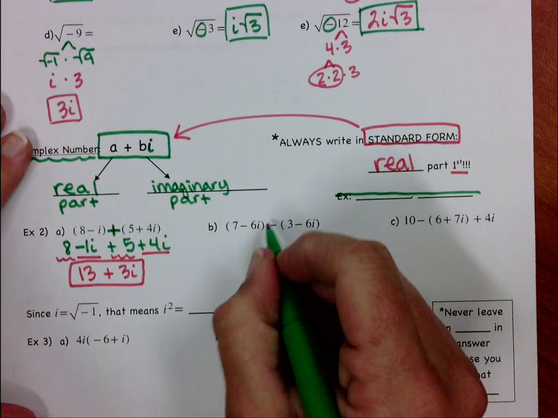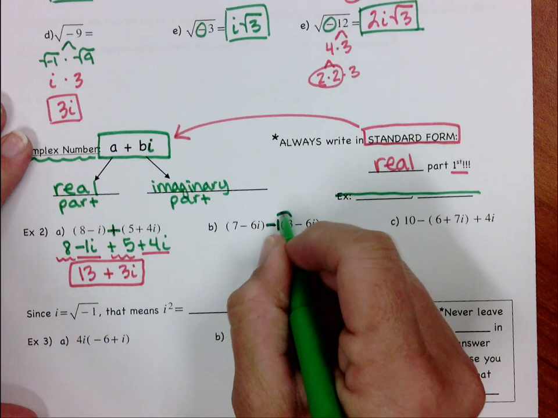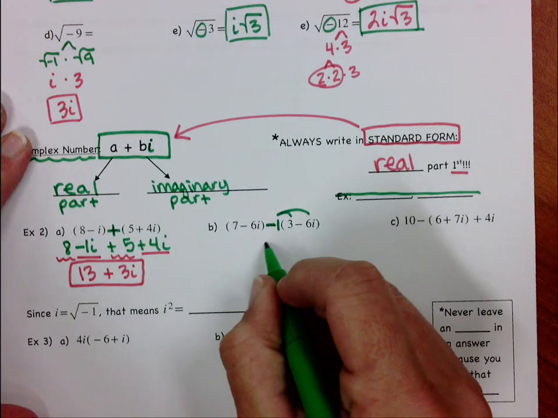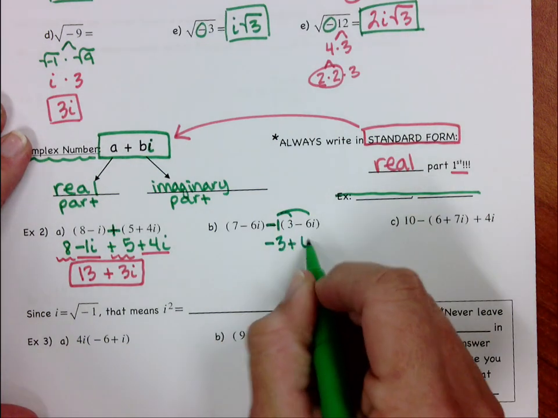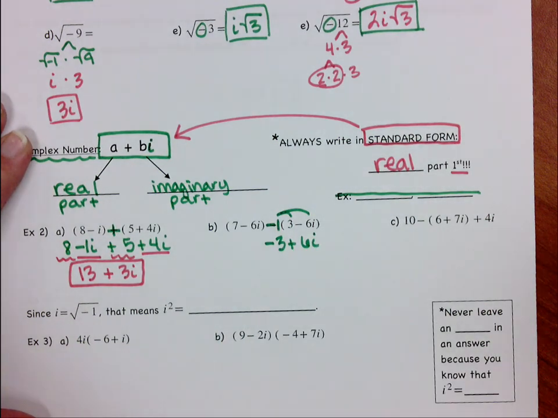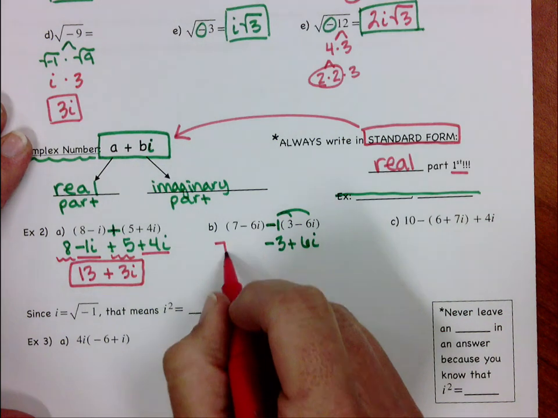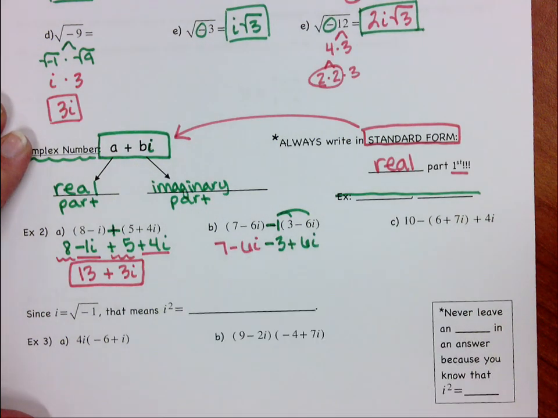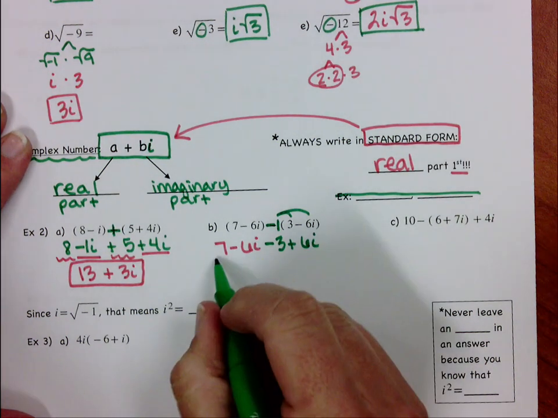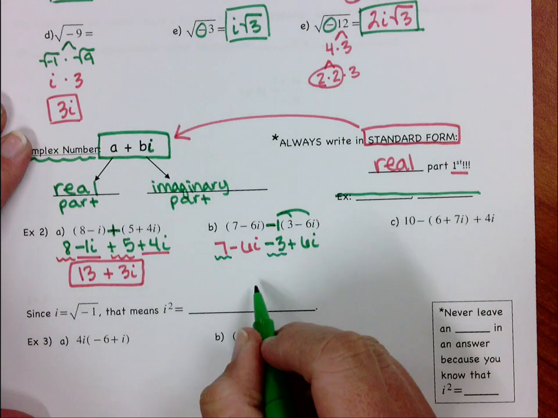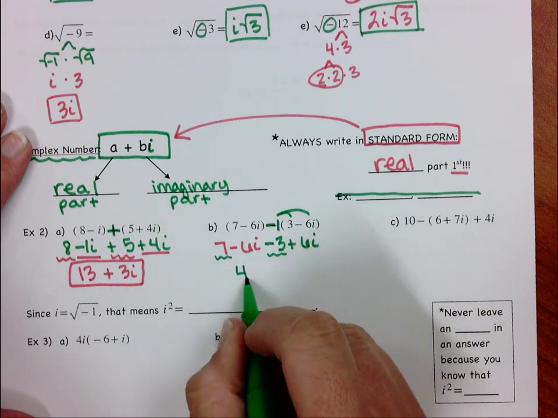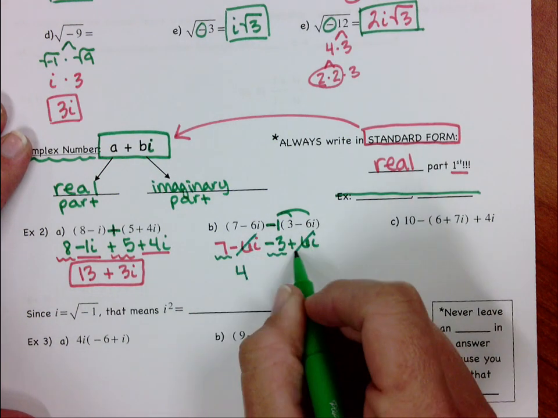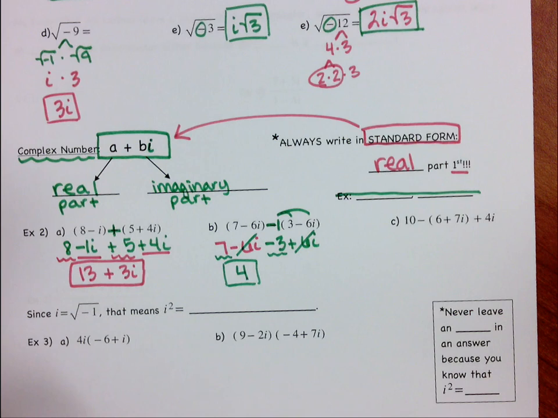Over here, it is subtraction, so you need to distribute. That gives you negative 3 and a positive 6i. Then you can drop down your 7 minus 6i from the first parentheses. Do your real part first. 7 minus 3 is 4. Negative 6 and 6 cancel out. So your answer is just 4.